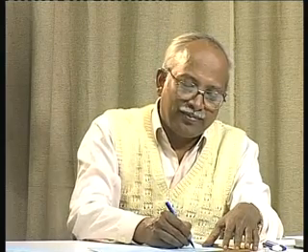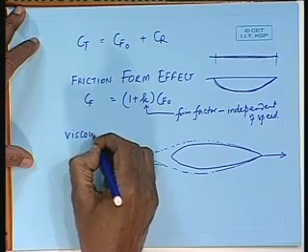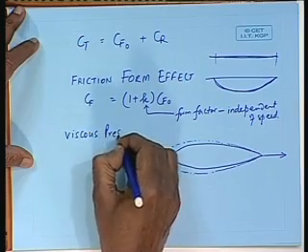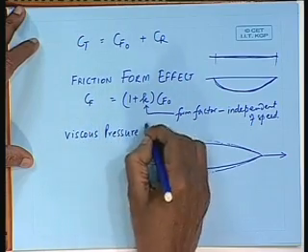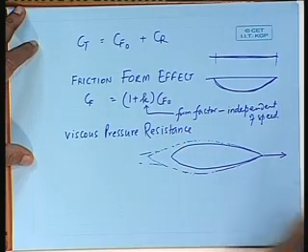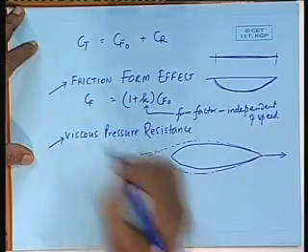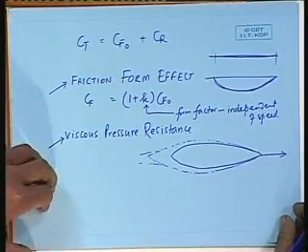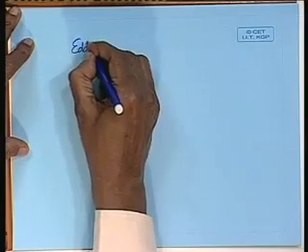So, the augment of pressure due to the existence of the boundary layer is called viscous pressure resistance. Okay. So, you have the viscous pressure resistance, and apart from that, because of the shape of the body and boundary layer, you also have eddy or separation drag. What is this?